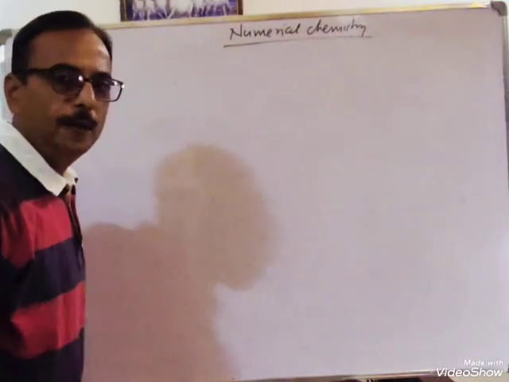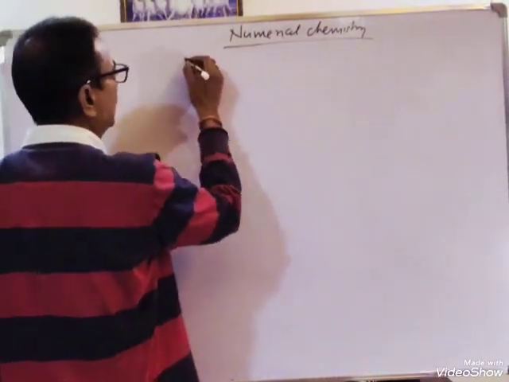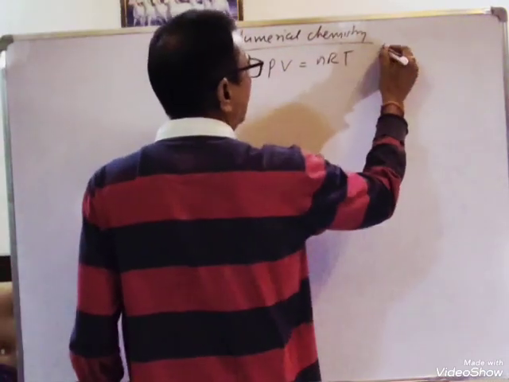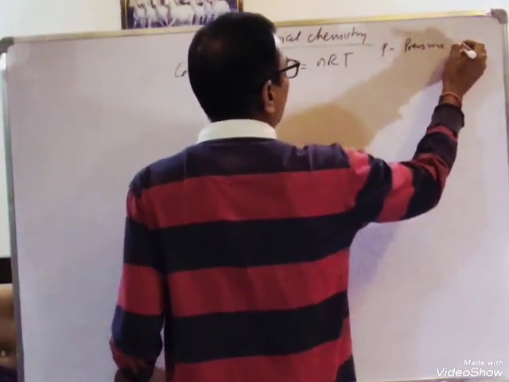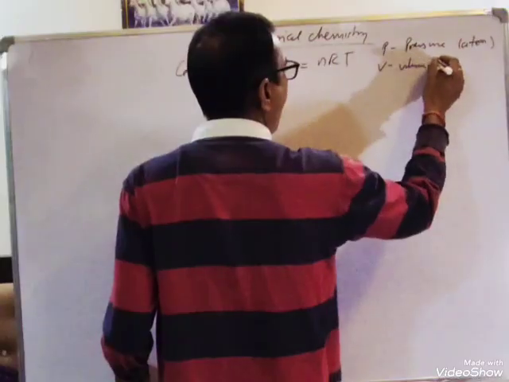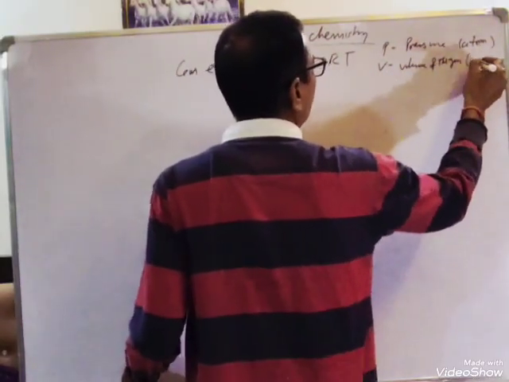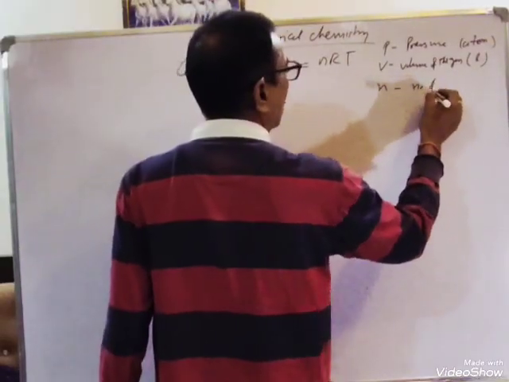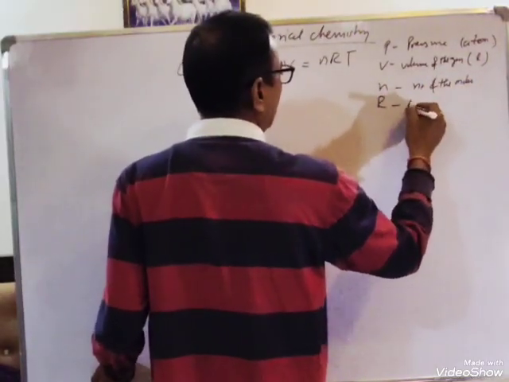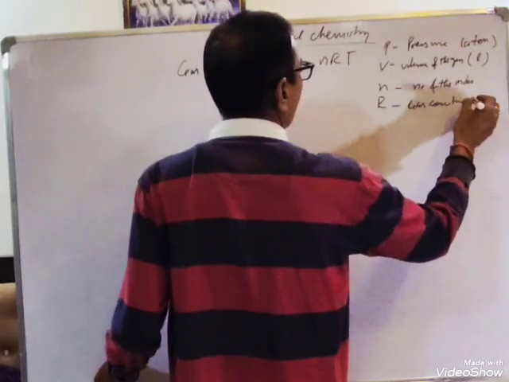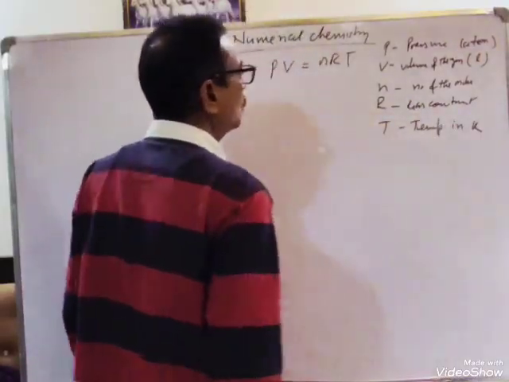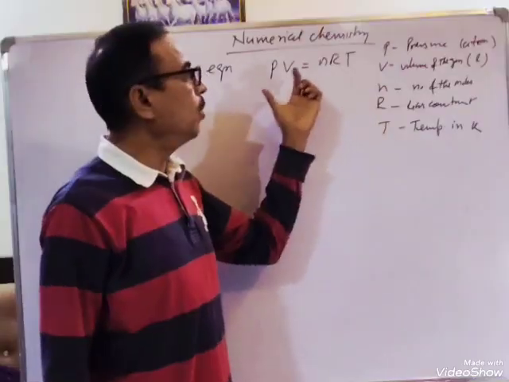You know the very common gas equation, PV equal to nRT, where P is the pressure in atmosphere, V is the volume of the gas in liters, n is the number of moles of the gas, R is the gas constant, and T is the temperature in K. So we take some more examples and explain them.